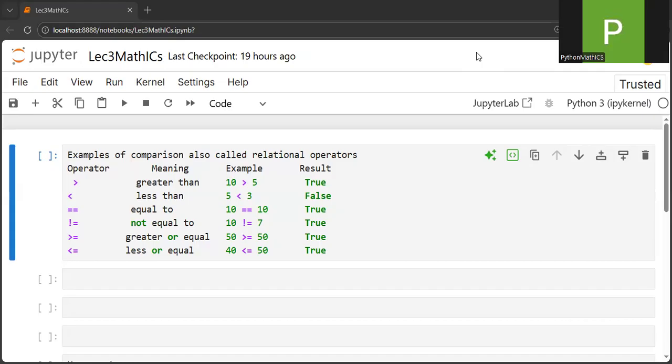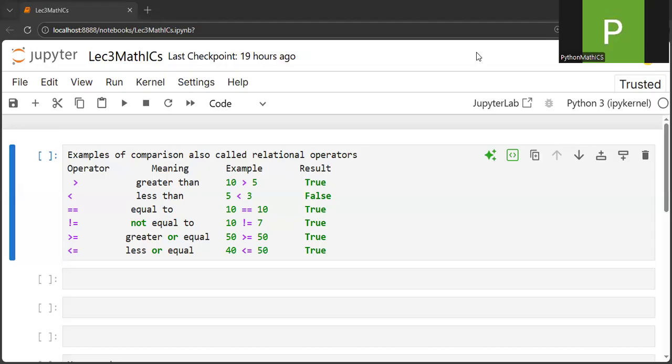In mathematics, you already use signs like greater than, less than, and equal to, etc. So, for example, you check whether 10 is greater than 5 or whether two values are equal, and you understand the answers are in the form of true or false, because two values can be equal.